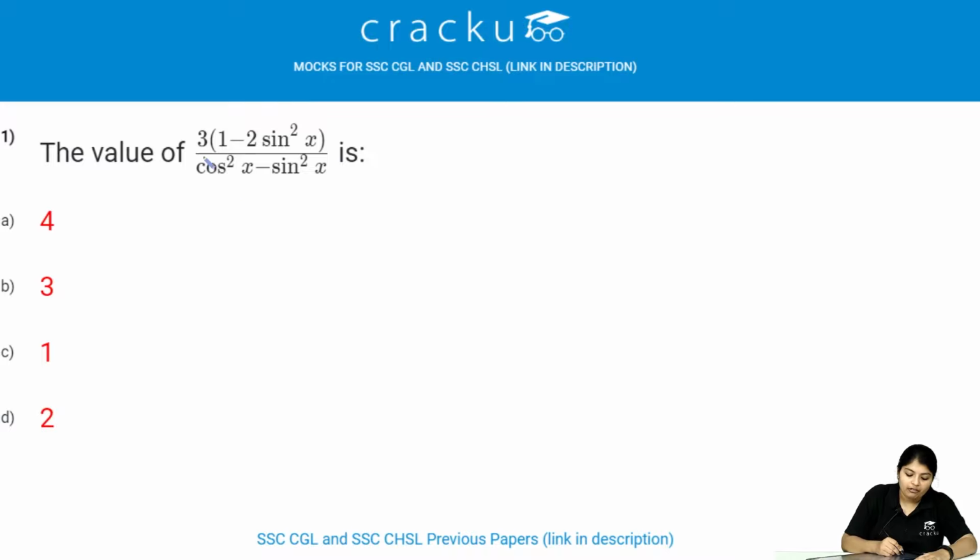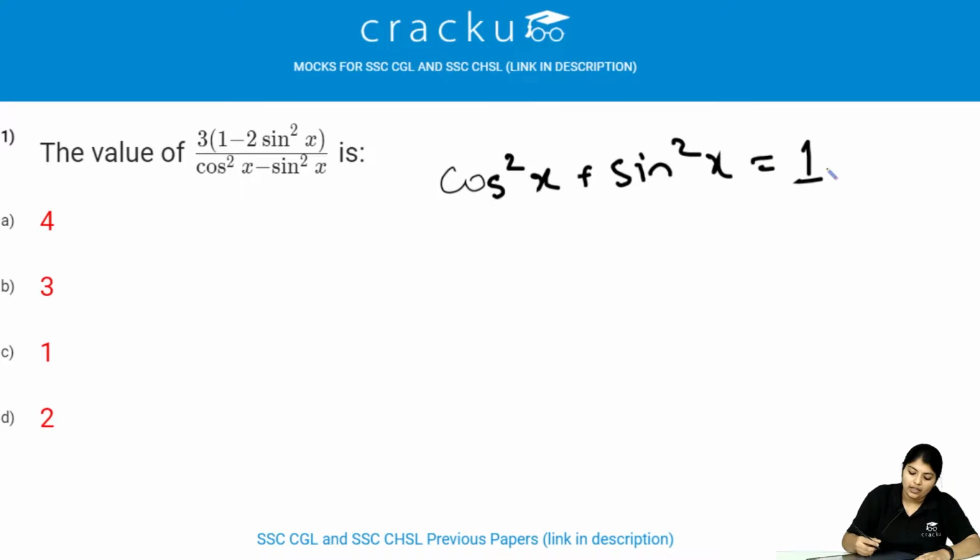The value of 3 into (1 minus 2 sin square x) by (cos square x minus sin square x) is. Here we know that cos square x plus sin square x is equal to 1. Therefore, cos square x is equal to 1 minus sin square x.